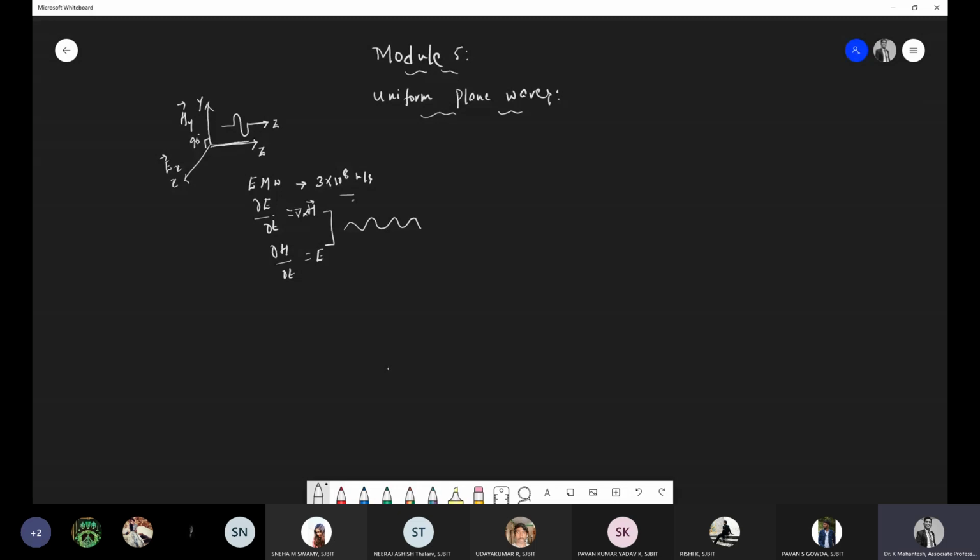with this velocity. So with these two properties of electromagnetic waves, I could say the waves can be used as the means of transporting information from one source to another destination.